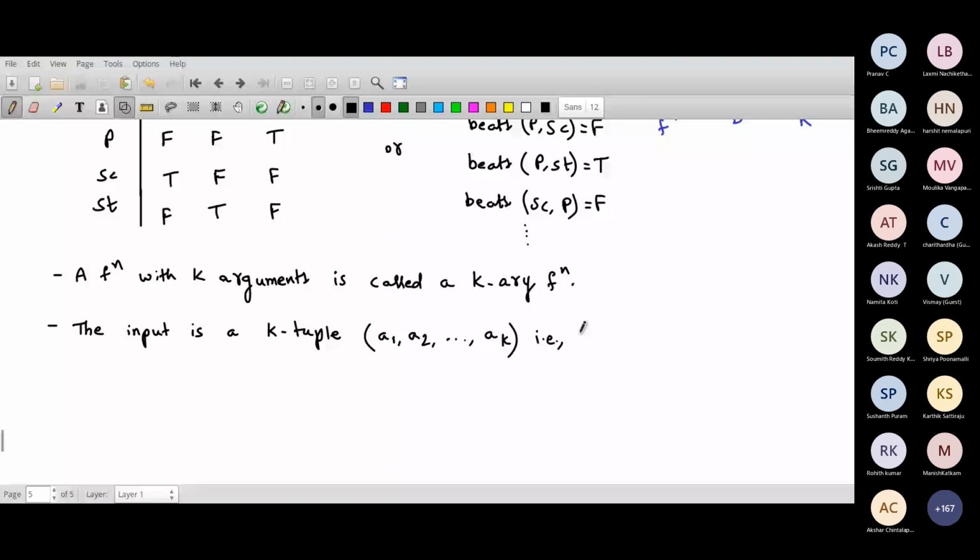That is, the sequence of arguments to the function. All right.